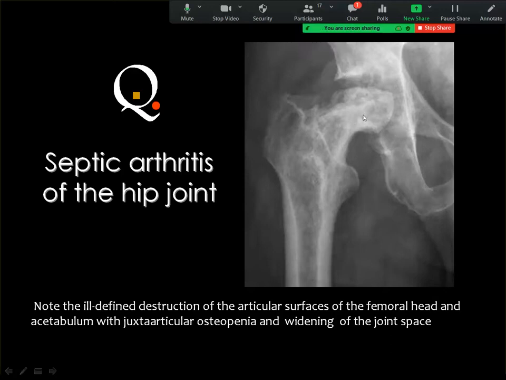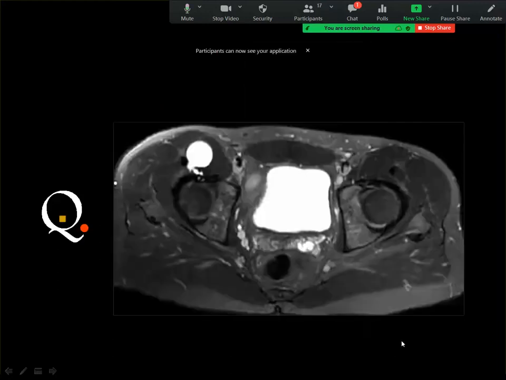If both are affected, then this is a joint disease, not a bone disease. And this joint disease has eroded the acetabulum and most of the femoral head with widening of the joint space, and these are classic features of septic arthritis. Okay, next case.